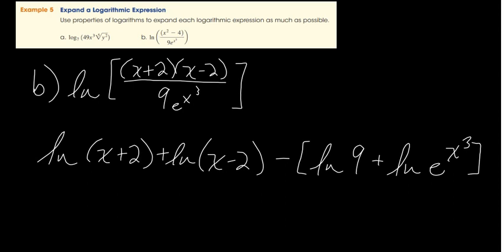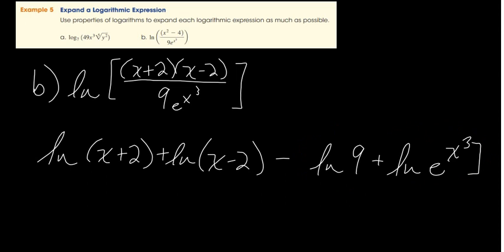Now again, we put those in brackets because this entire term is in the denominator. Had we not put it in brackets, we would have said minus the natural log of 9, and then plus the natural log of e raised to the x cubed.